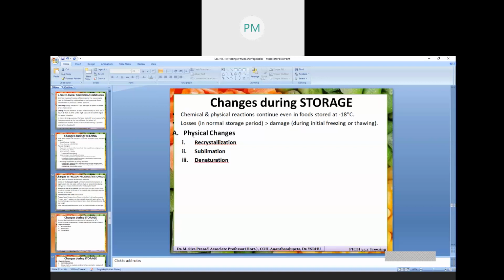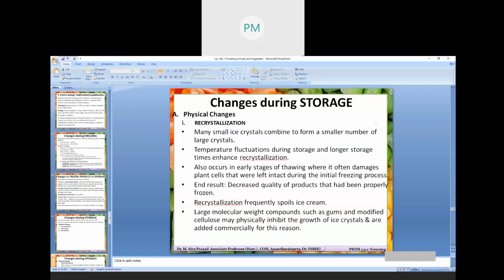Losses usually are higher during the storage period than in the initial freezing or thawing. So you will see more changes in the normal storage period of this frozen produce.